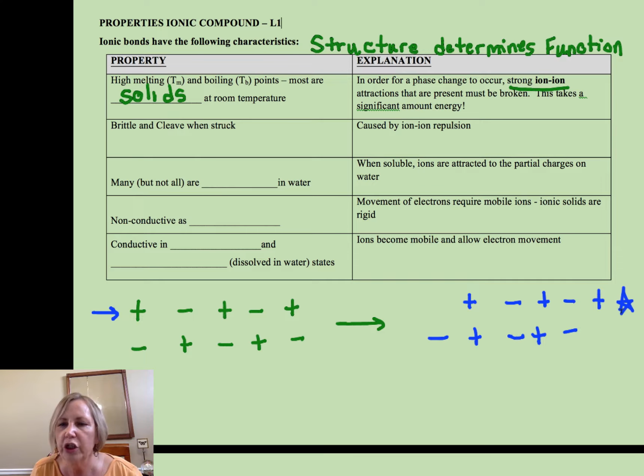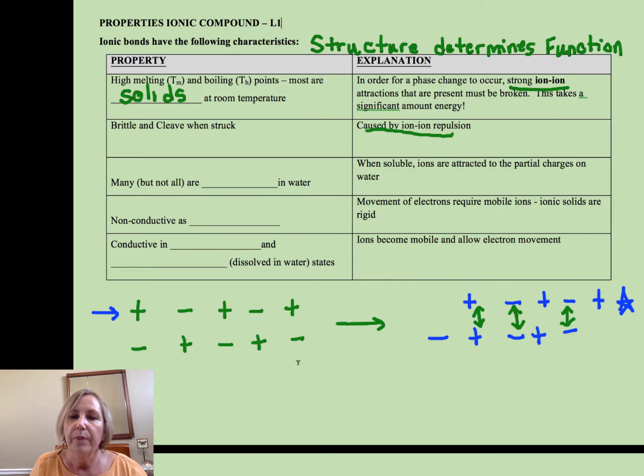So do you see how I shifted that upper layer? That's what cleaving it and making it brittle, you're shifting layers on top of one another. Well, when you do that for ionic compounds, like charges repel. And so those like charges will repel one another and push one another away, and it will break the ionic lattice. So that's caused by ion-ion repulsion.